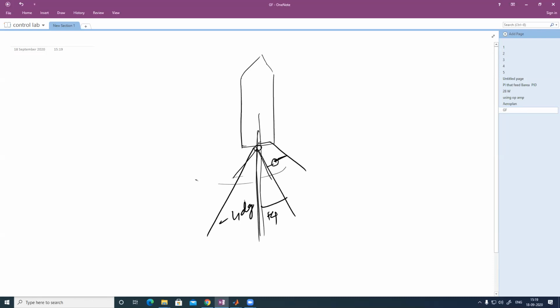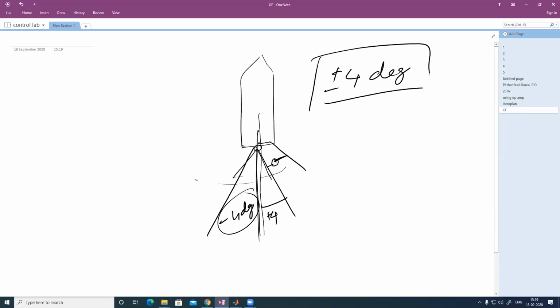So on the output side it can deflect a maximum of plus or minus 4 degrees. That is the constraint. The maximum output is limited to plus or minus 4 degrees on the load side. Converting to the motor side, you have to multiply by the gear ratio.